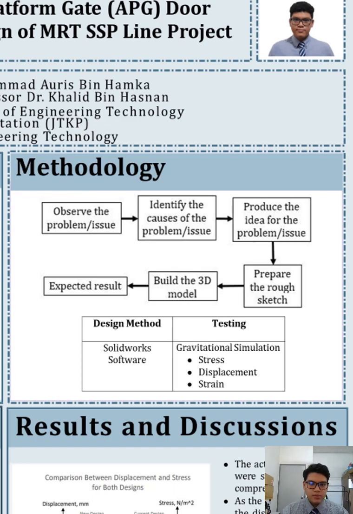Then we build the 3D model, which we have explained earlier. We use SolidWorks software to build the 3D model of APG because SolidWorks has been chosen as a design platform to build the two designs of 3D models, which are the current design and the new design of the rubber door.